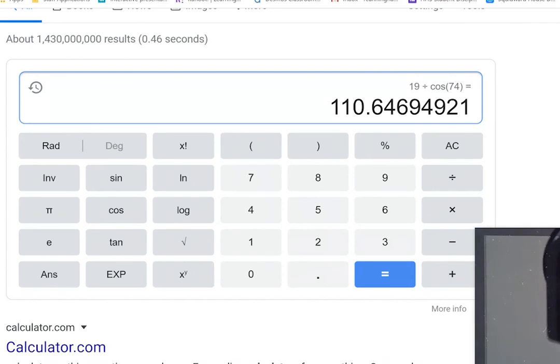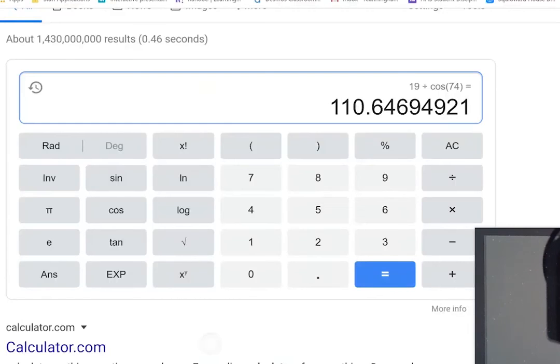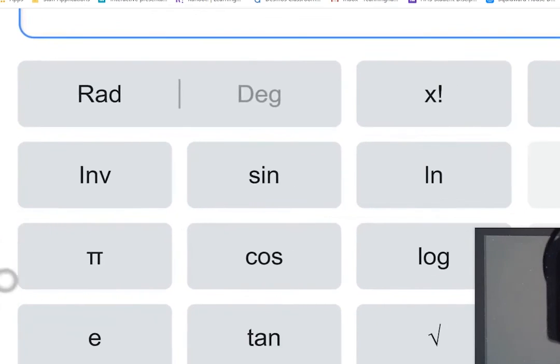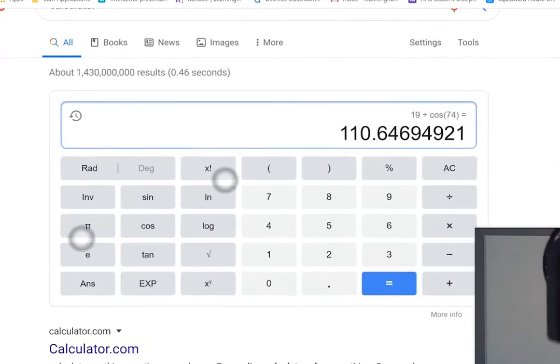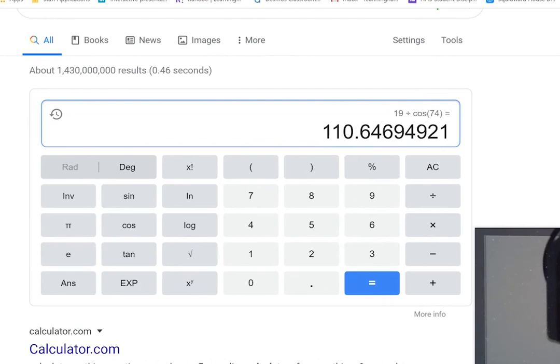110. Now that seems way wrong. That can't possibly be right. 110 is hugely disproportionate. Oh, I see what I did wrong. I'm in radians. See how radians is highlighted and degrees is not? So I'm going to tap that to get to degrees, and I'm going to try my calculation again, and I get 68.93.